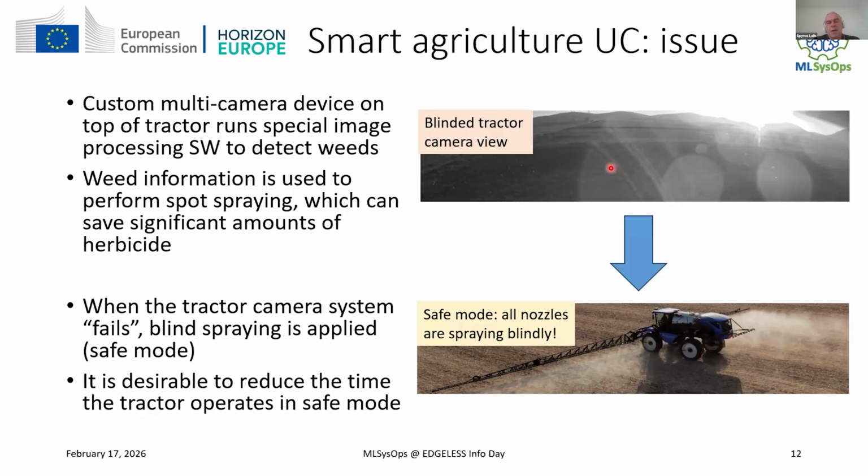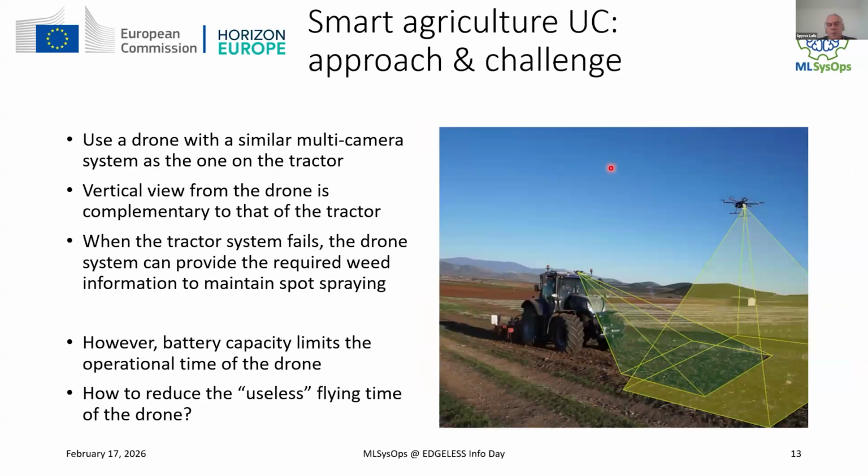Of course, this leads to waste of herbicide and increased environmental impact. And the idea was to use a drone in tandem with the tractor to provide a complementary view and weed detection information that could improve the situation and reduce the amount of time the tractor is in safe mode.